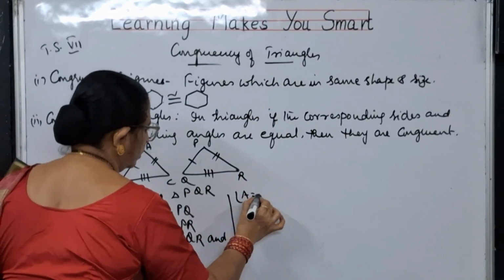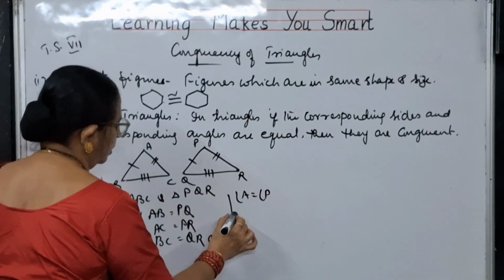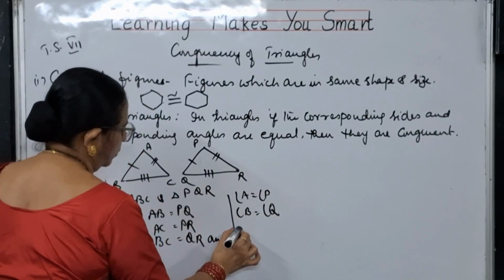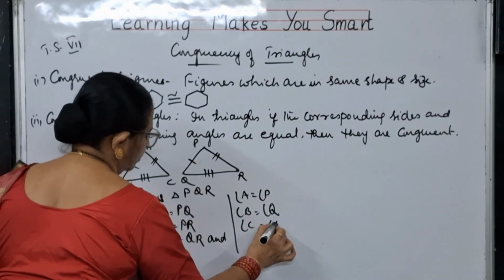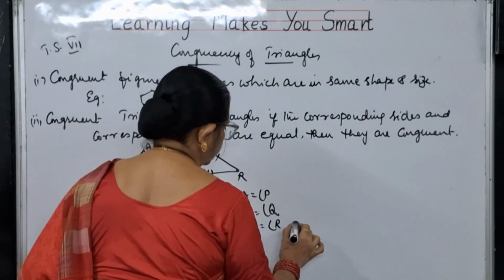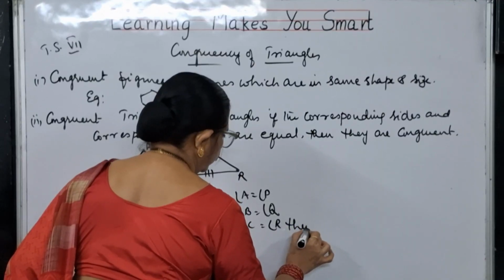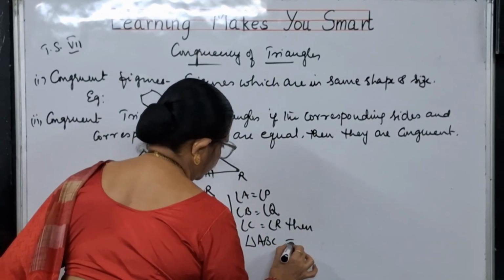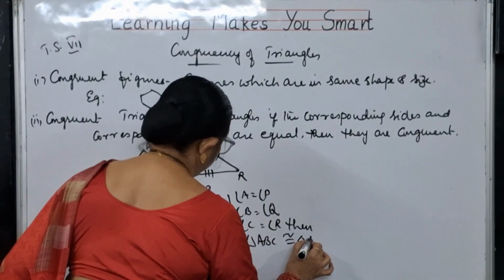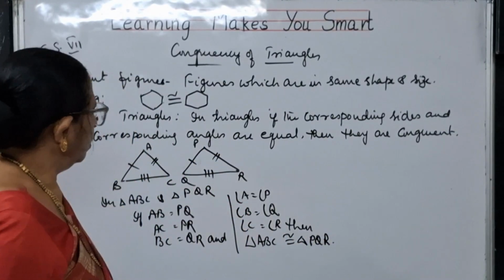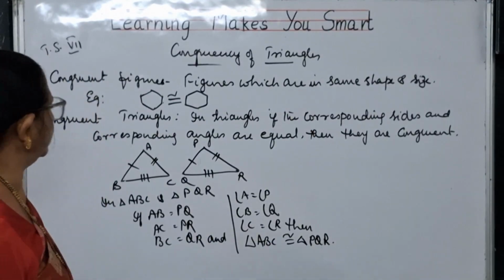Angle A is equal to angle P, angle B is equal to angle Q, angle C is equal to angle R. Then triangle ABC is congruent to triangle PQR. So congruent figures means what, children?